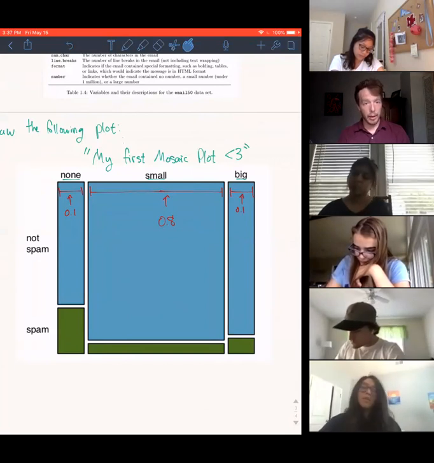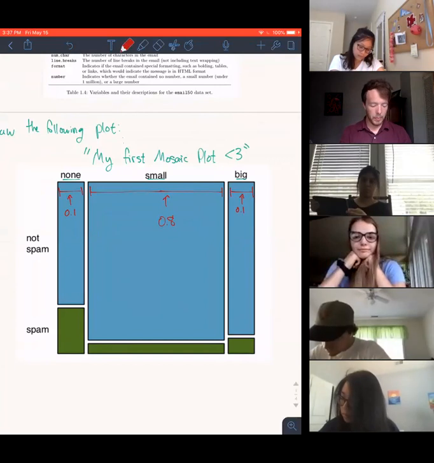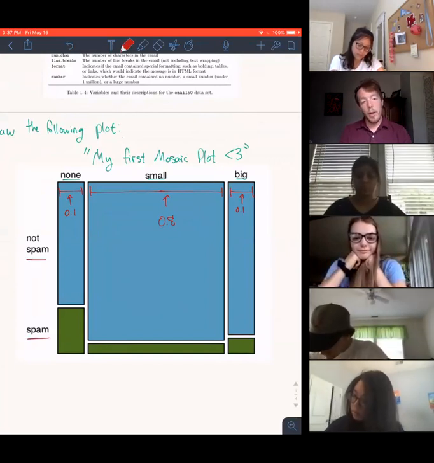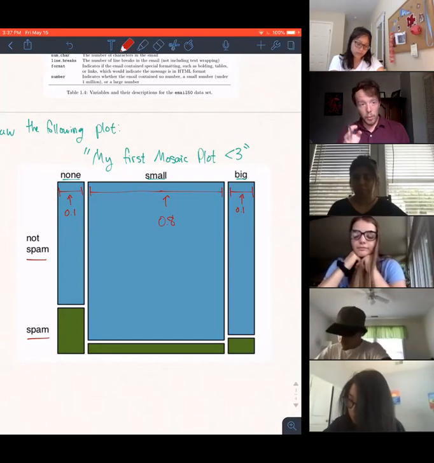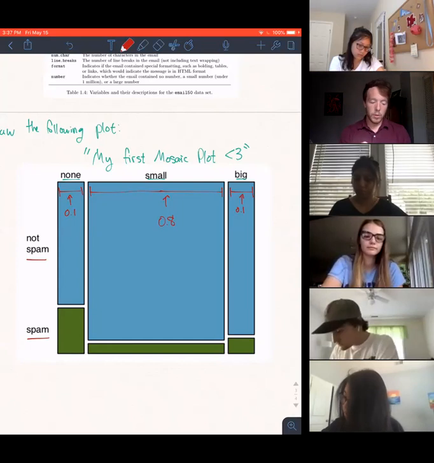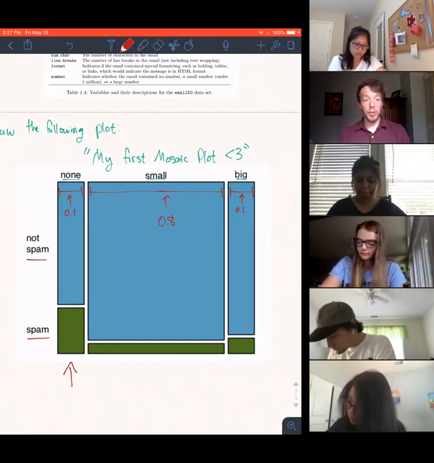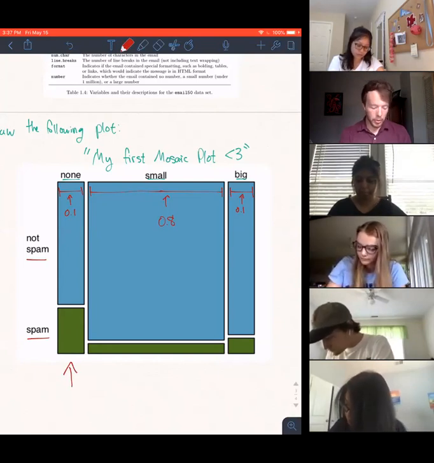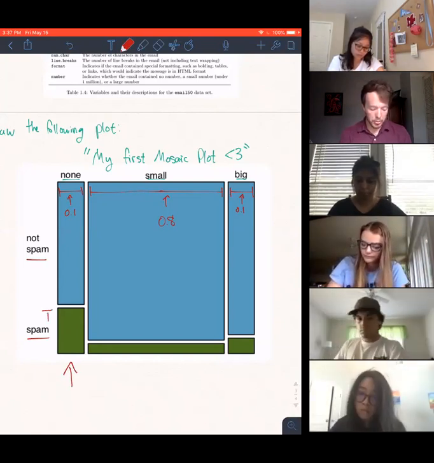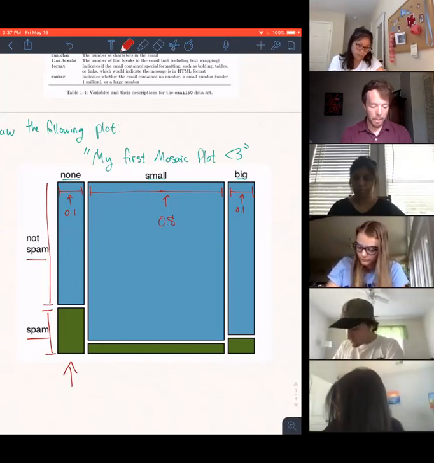Now, once you understand that, the left side, spam or not spam, tells you within each of these categories what was the proportion of spam and not spam. So let's just look at none for now. What this is saying is within the none category, there were this proportion of spam and this proportion of not spam.